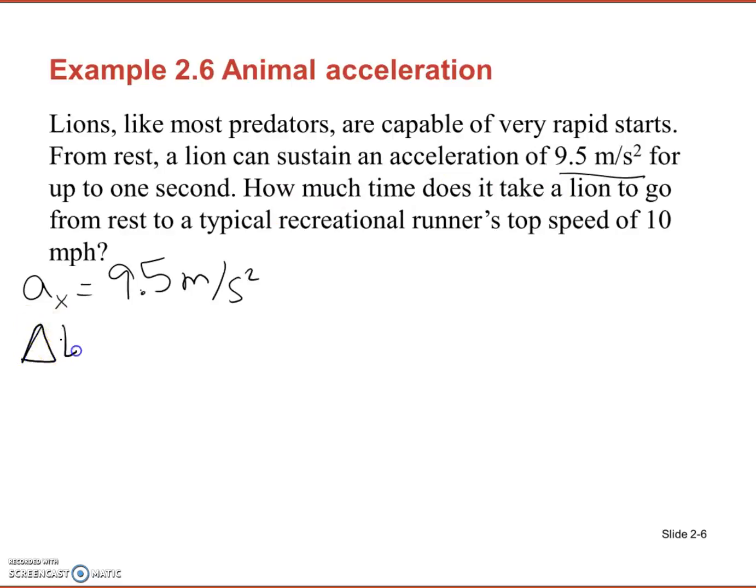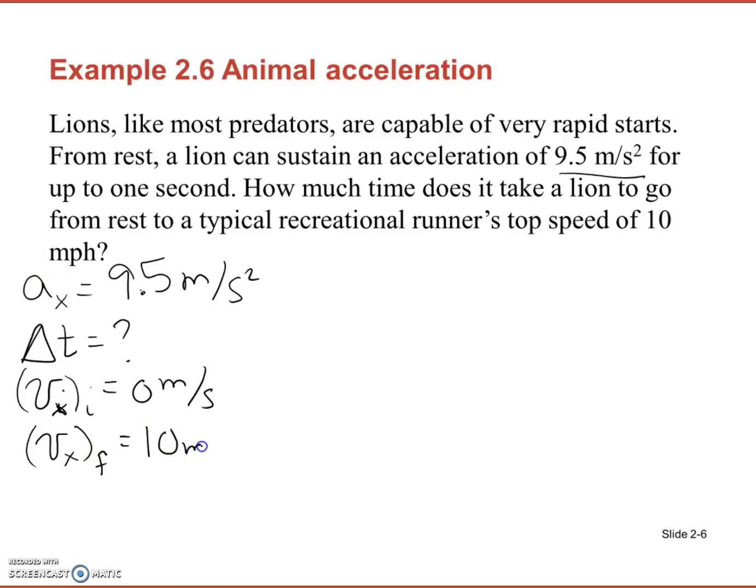So the question is asking for some time interval for a lion to go from rest, that means my initial velocity in the x direction is equal to 0, right? Rest means 0, to the recreational runner's top speed of 10 miles per hour. So Vx final is 10 miles per hour.